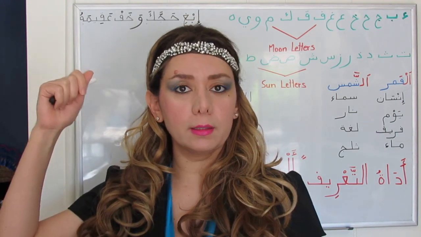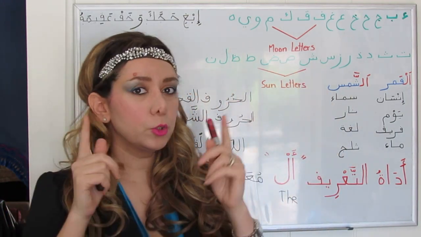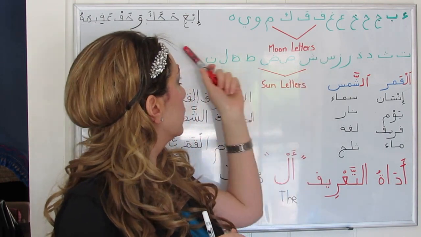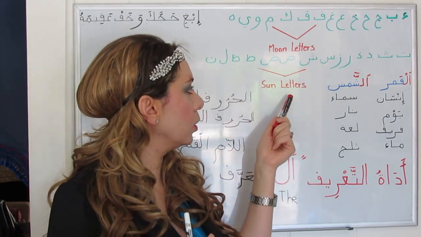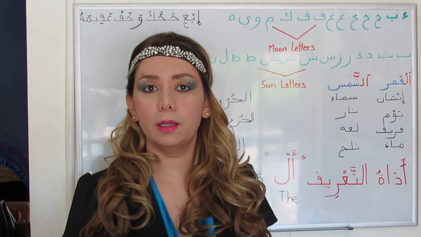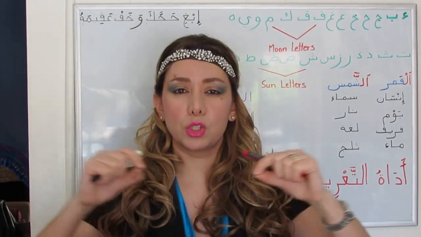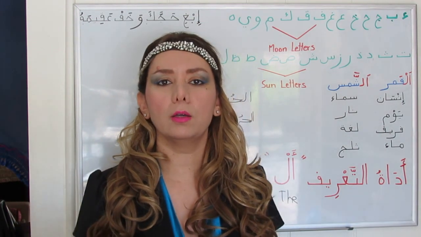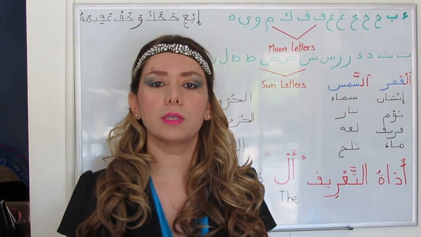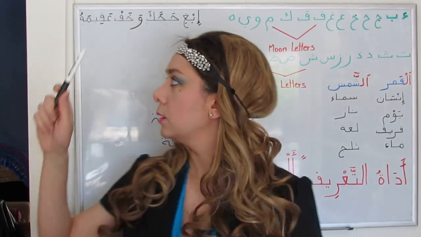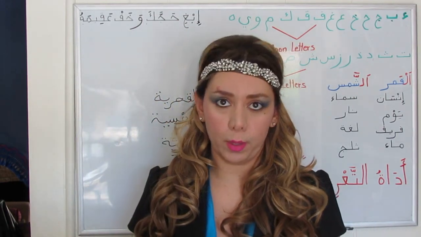If you don't find the letter that you are looking for, it means that letter belongs to the sun letter. There is actually a sentence for the sun letters, but it's so long and very hard to memorize. If you want it, you can ask for it. I will write it for you. But you have just to memorize this one.